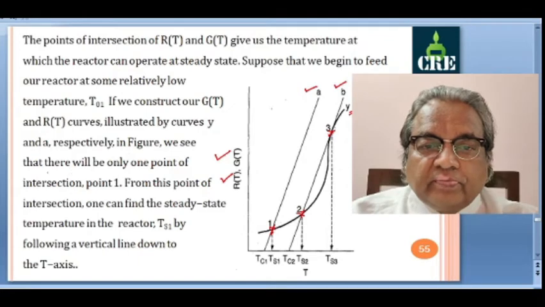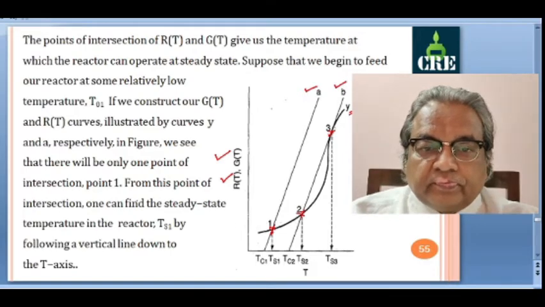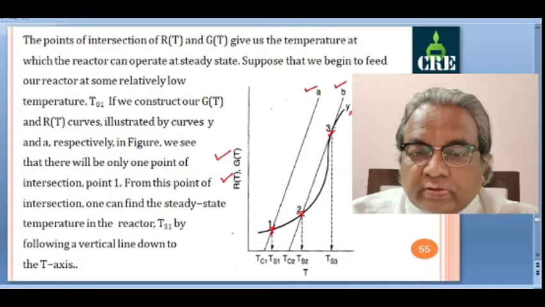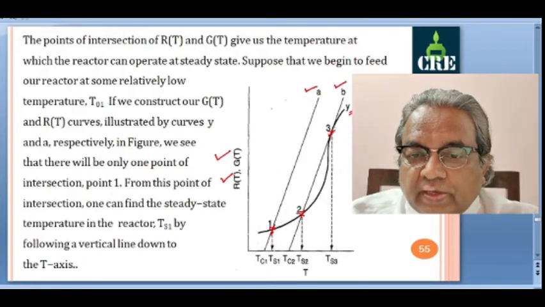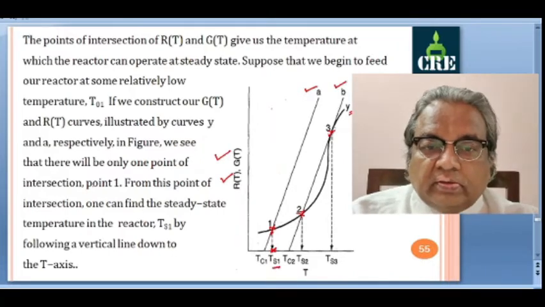As shown in this figure, we see that there will be only one point of intersection, that is point 1 here. From this point of intersection, one can find the steady state temperature. So on this temperature line, you can find out the steady state temperature corresponding to this, and this we call TS1.